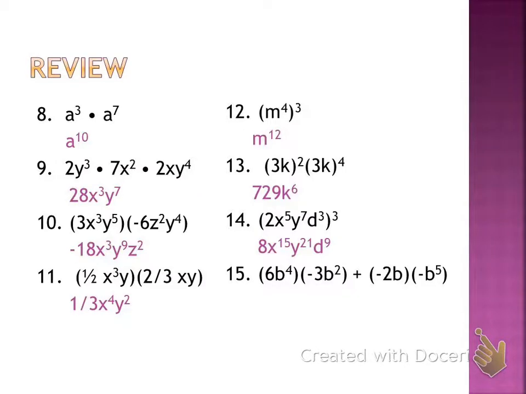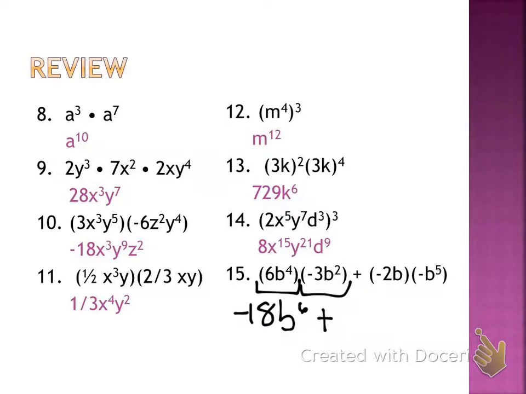All right, this is what I'm going to write out. So order of operations, we have to do multiply, multiply. So what do we get up front? What's 6b to the 4th times negative 3b squared? Negative 18b to the 6th. Good.